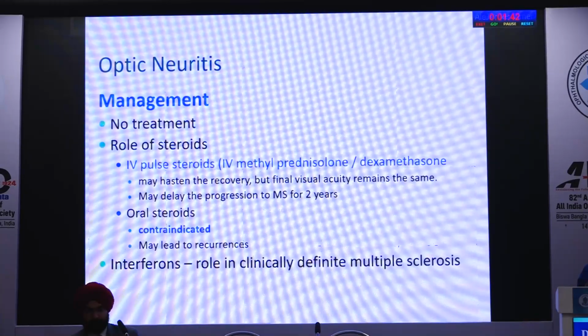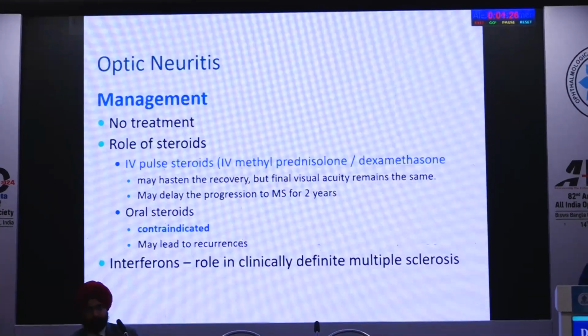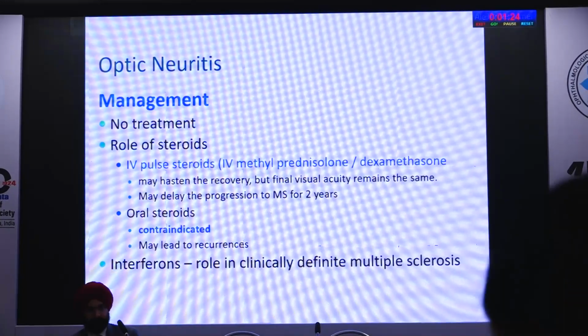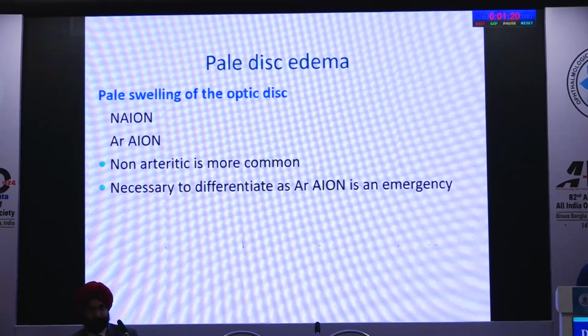Earlier we used to think that no treatment is an option for optic neuritis. Now IV methylprednisolone has become the standard of therapy, and irrespective of the cause, including NMO, MOG, or multiple sclerosis related, our first treatment is IV methylprednisolone, followed by whatever the rest of the intervention depending upon the diagnosis.